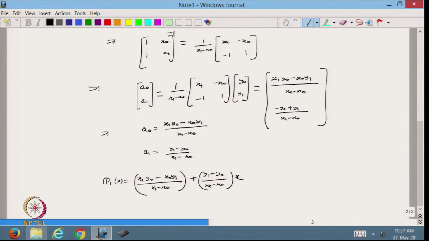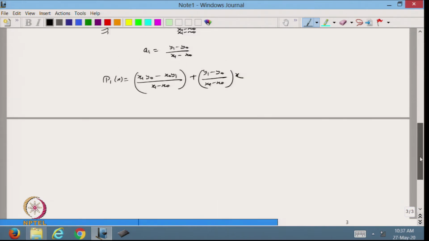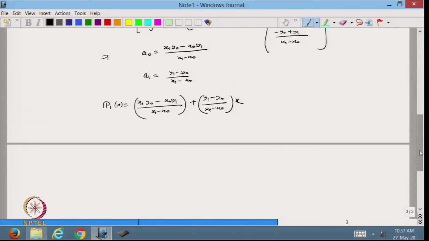Now, I want to verify whether it satisfies the interpolating polynomial property, that at the nodal points its value should be the same. So, if I put x0 in p1, this expression can actually be written in this form also, 1 over x1 minus x0.